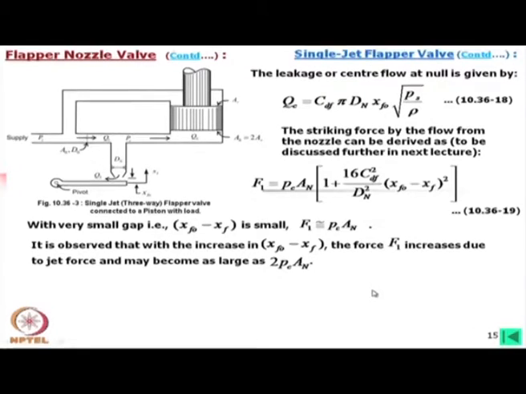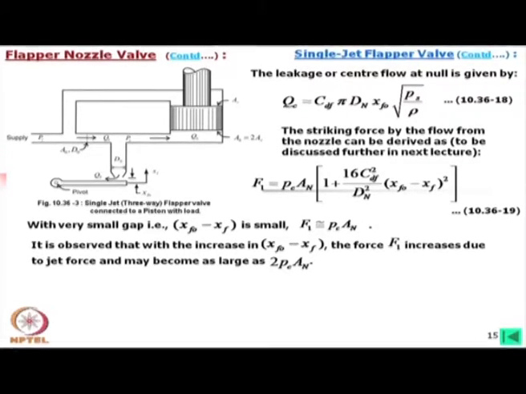So, in other words, I would say this flapper valve is designed in such a way that with small gap F1 is equal to this, and with the maximum gap, the maximum increase in this force becomes double. In other words, within this range we design the torque motor.